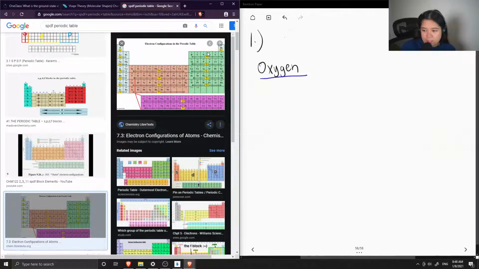So that means it contains 8 protons and 8 electrons in its ground state. After we write down the electron configuration, we can double check that it's right if we count out the number of electrons that can be summed up in the superscripts of our electron configuration.